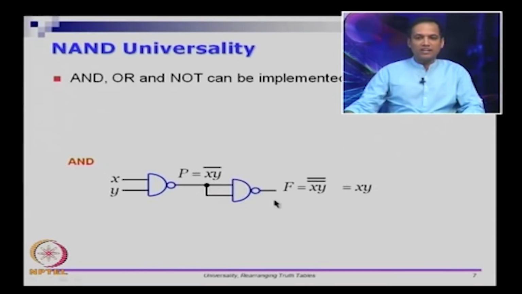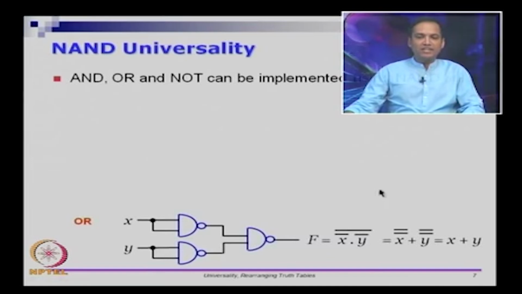It takes whatever input is coming in and complements it, and the input that is coming in for F is P, which is (XY) complement. So (XY) complement complement is, we know that A bar bar is A itself, so it is XY itself. So we have shown that NOT and AND can be done using only NAND.